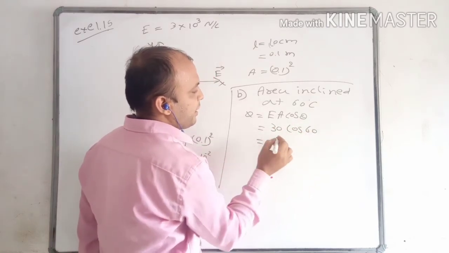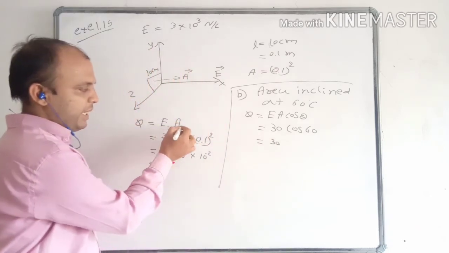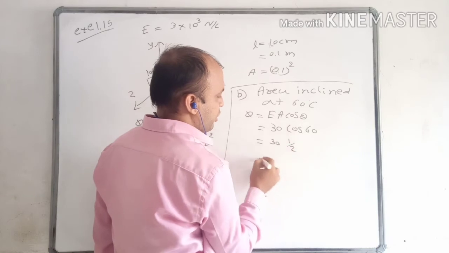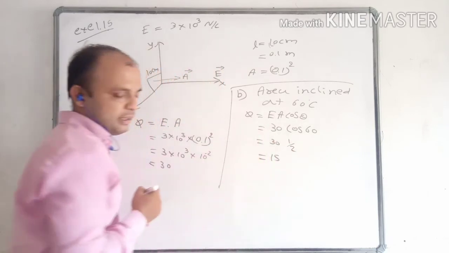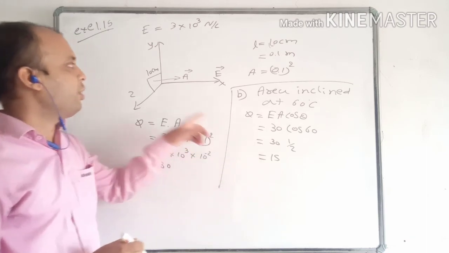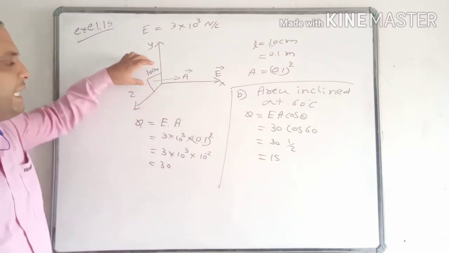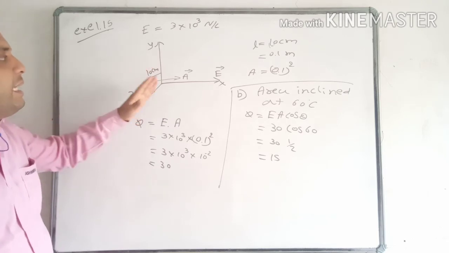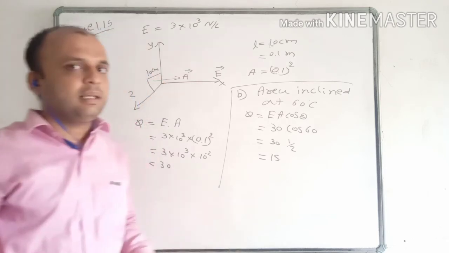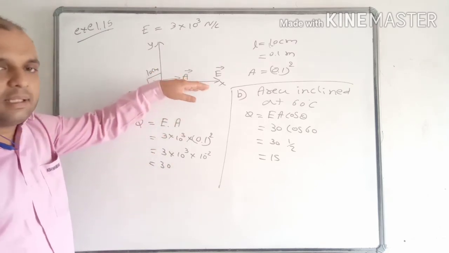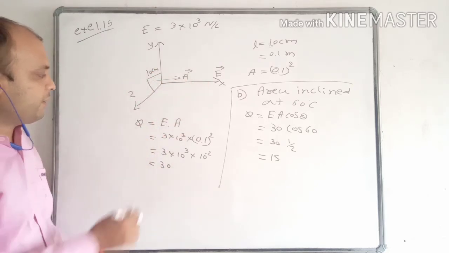Cos 60 is 1 by 2. So the answer will be 15. This is the flux passing through the area of 0.01 meter square. But if it is parallel to the E axis, then the electric flux is zero.